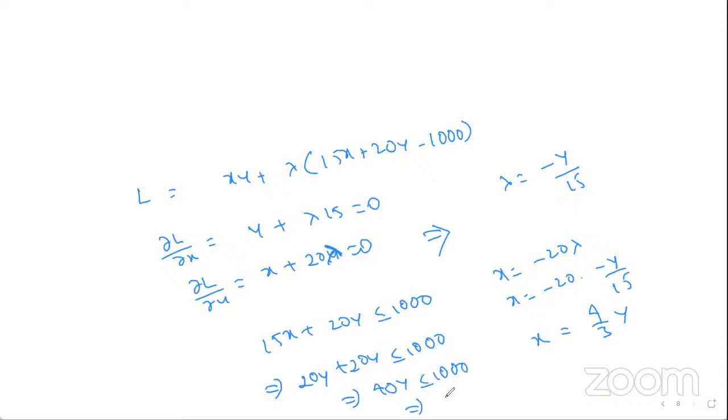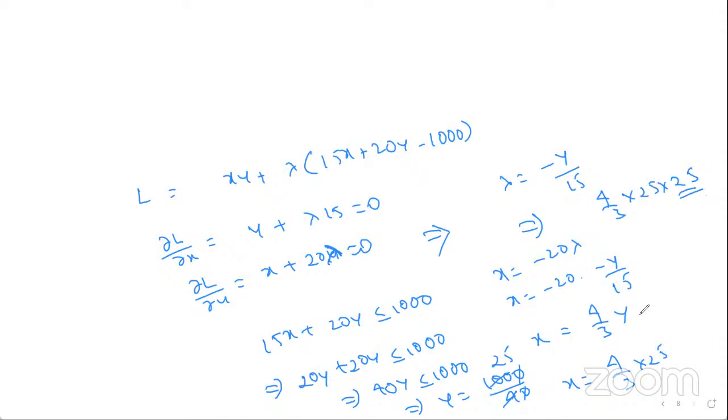The maximum value you could get for y is 1000 divided by 40, which gives you 25. So y is 25, which gives x as 4 by 3 into 25. And the maximum value for xy is 4/3 into 25 into 25.